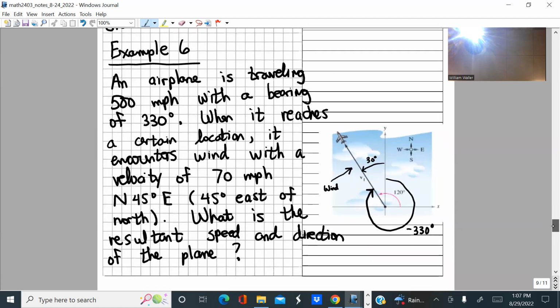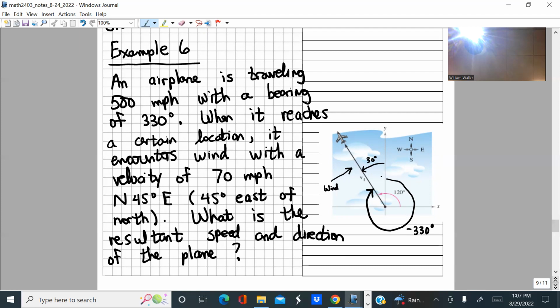So that becomes important in this example. All right, so an airplane is traveling at 500 miles per hour, and it has a bearing of 330 degrees. So what that means is clockwise from due north, the angle of the airplane is 330 degrees. So if you measure from due north clockwise, you get 330 degrees.